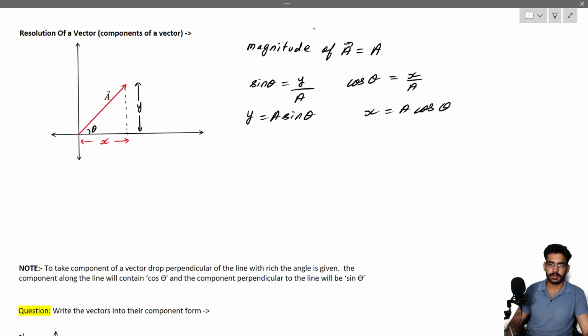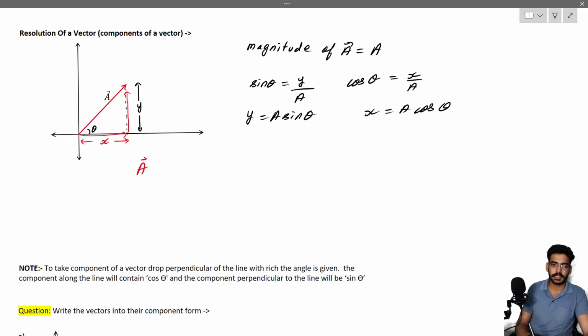Now what can I say from here? In this triangle, this vector is along the x-axis, and what is the magnitude of this? A cos theta.